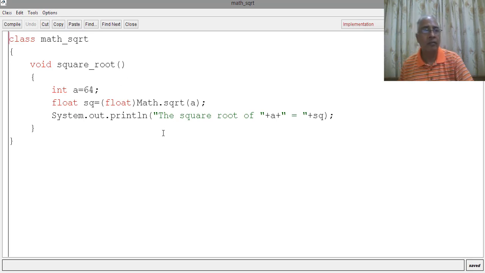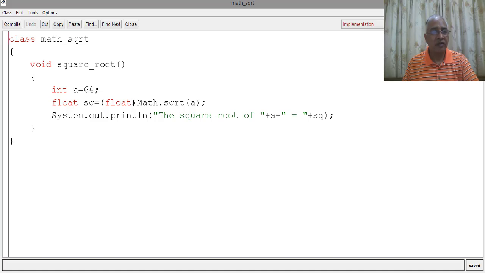This is the program. In this program you see we have a class math sqrt and we have a function square root. We take the value of a as 64, which is integer type. Now we calculate the square root of this value 64 by using the math.sqrt function. In this we give the variable a for which the square root has to be taken.